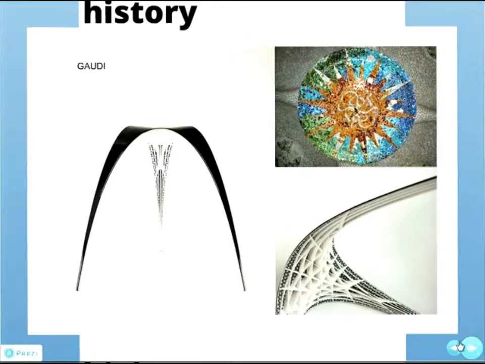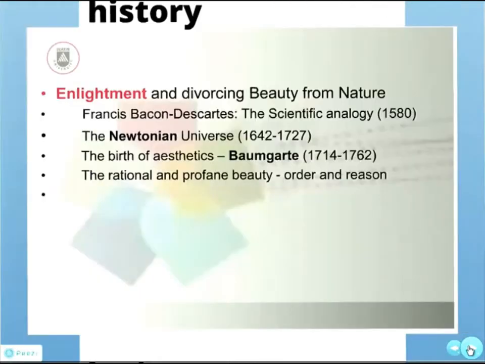Many architects try to imitate nature and relate to it by mimicking biological systems. An obvious example is Gaudi, of course. But in the beginning, when we were very close to nature, it continued like that during the prehistory of humankind until the Enlightenment.